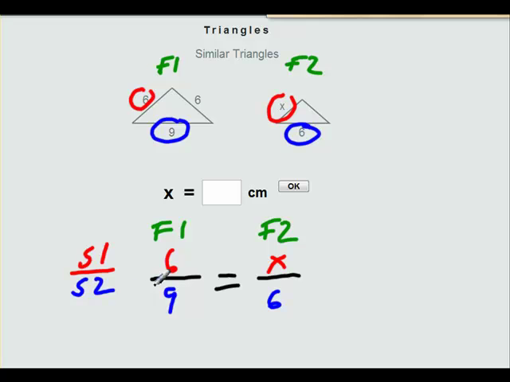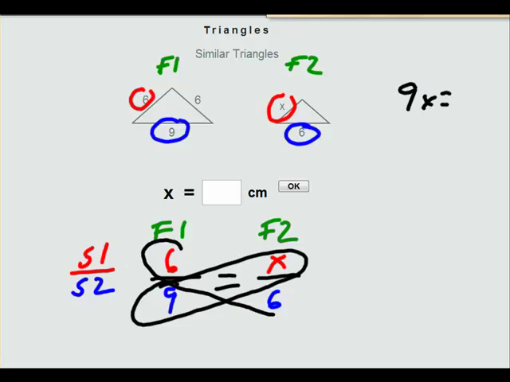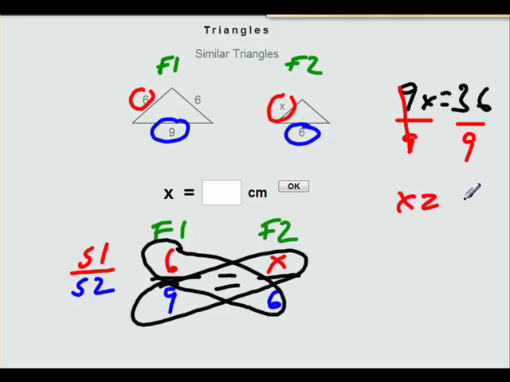And again, you're going to cross multiply, turn it into an equation. 9 times x is 9 times x. 6 times 6 equals 36. To solve this, you divide both sides by 9. That way you isolate that variable x. X equals 36 divided by 9 is 4.